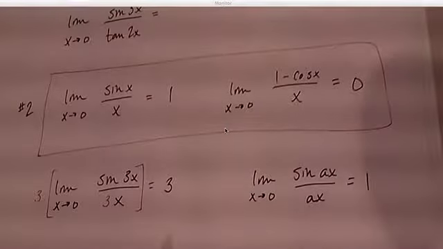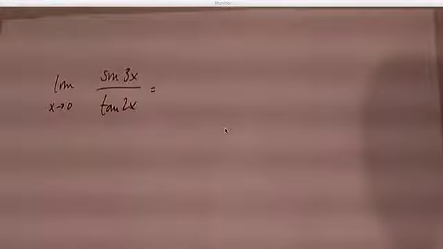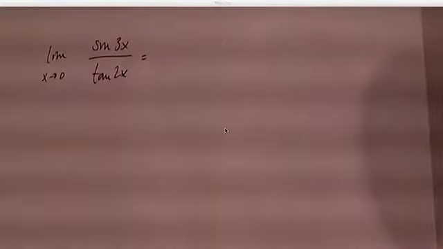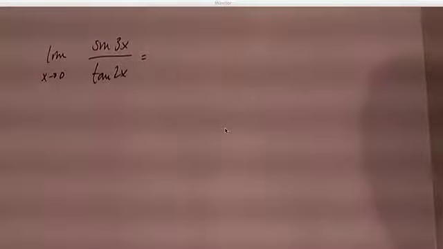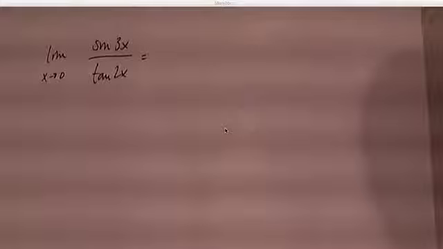Now, how does this actually wind up helping us in terms of that original nasty one, which first led us to the conclusion that we needed those identities? Well, if I have the limit as x approaches 0 of sine of 3x over tangent of 2x, I obviously need to change the form, because it is not yet in a form that has sine of ax over ax.